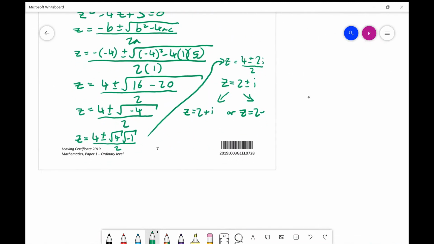Well, we've just shown what the two solutions are: either z is equal to 2 plus i is a solution, or z is equal to 2 minus i is a solution. So both of these are solutions. One of them is the one that we were trying to prove. So we've shown it as a solution by finding it as one of our solutions. Therefore, z1 is equal to 2 plus i, which is what we found just there, is a solution.